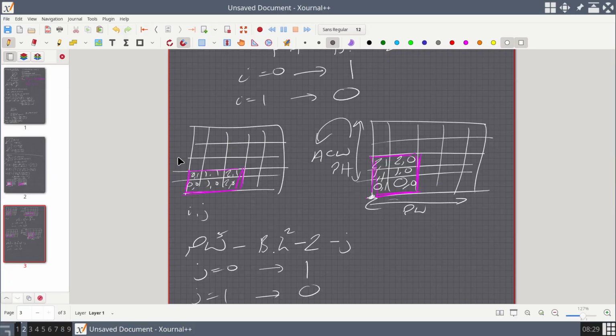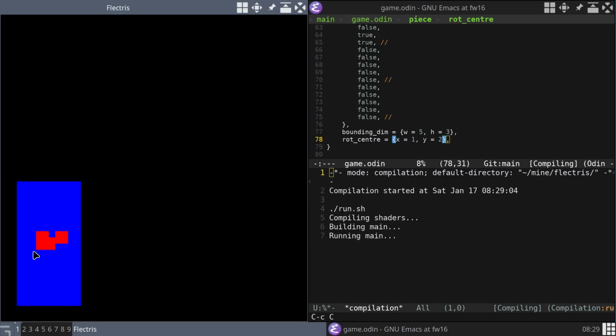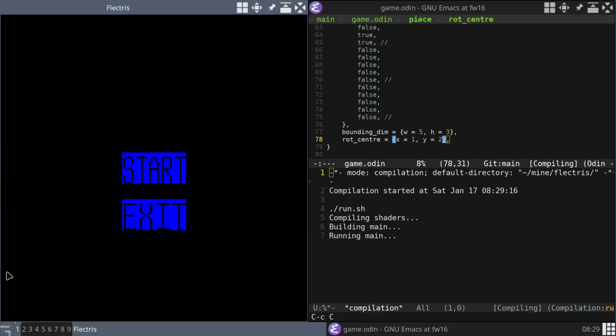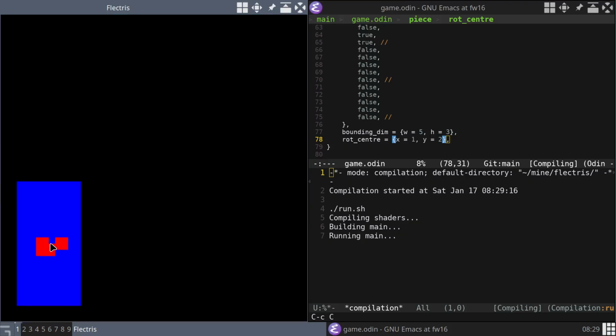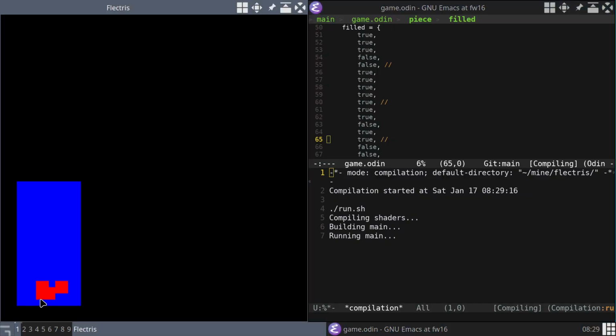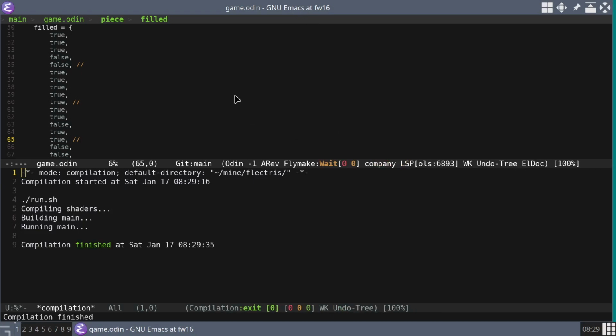1, 2. If I look at my piece here as it's coming in, 1, 2 is actually kind of hard to see, isn't it? Did I rotate that? 1, 2. So let's actually set it up in a way where I want basically 1, 2 to be one square.